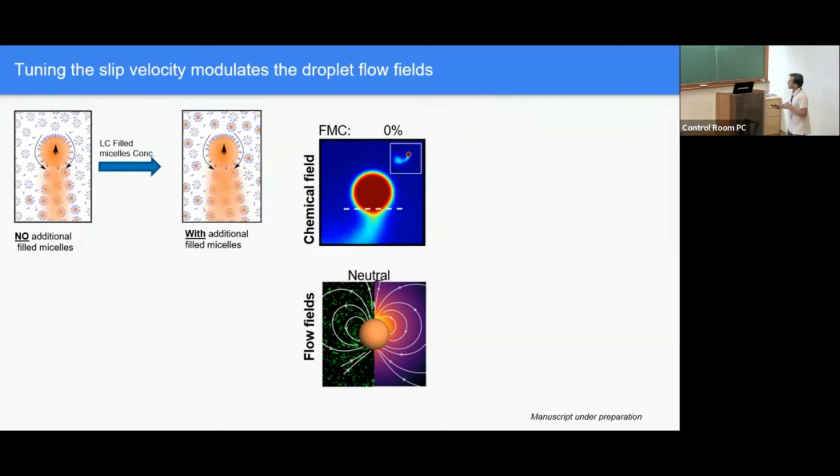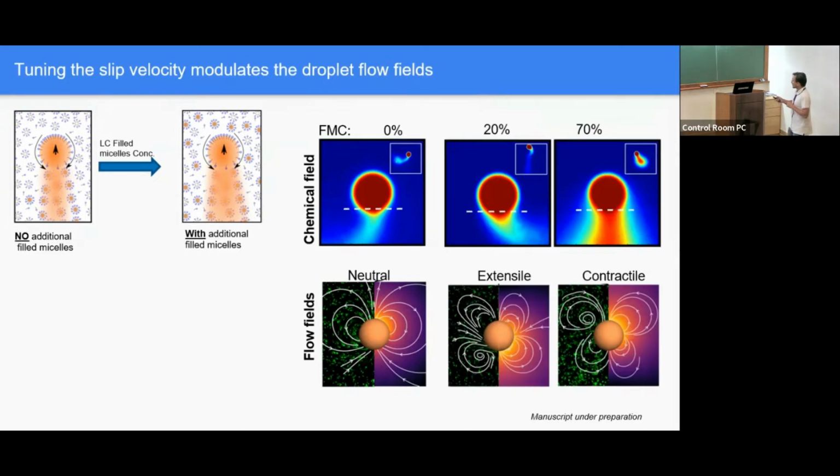Here, this is a dipolar flow field of these microswimmers, which becomes quadrupolar as we increase the fraction of filled micelles, and which are extensile in nature at 20%, and which becomes contractile in nature at 70% fraction of filled micelles. And since there are chemical fields set up along with the hydrodynamic fields, we also see qualitative differences in the chemical fields of these microswimmers.